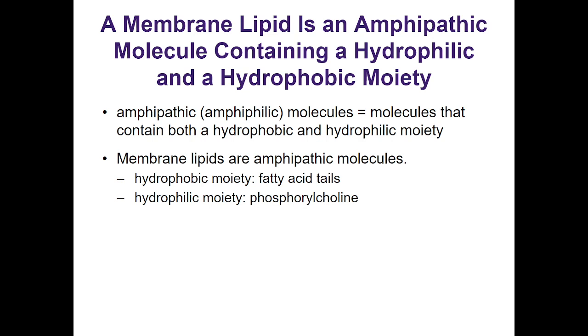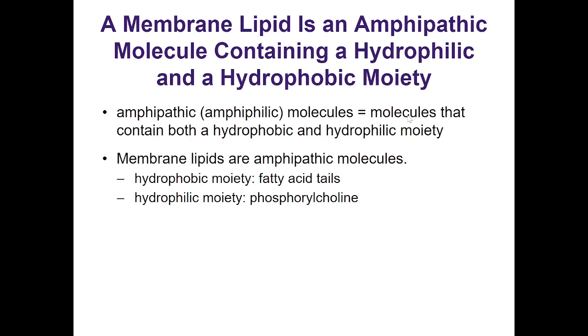It can be a molecule that contains both a hydrophobic and hydrophilic moiety, i.e. it has one side that's hydrophobic, one side that's hydrophilic, right? And so they can interact with water on one side. They'll self-arrange so that the hydrophobic ends always interact with each other. So membrane lipids are going to be amphipathic molecules. They have to be because one side's going to touch water, right? The other side needs to not want to be touching water.